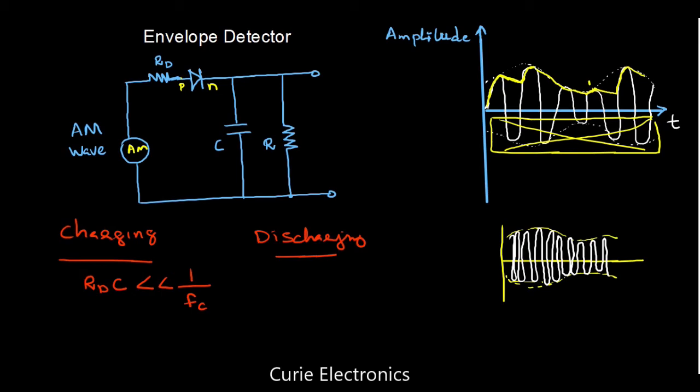It won't conduct. So it discharges through this capacitor and this resistor R. This is the discharge path. Charging is through this RD resistor. This is the charging path.